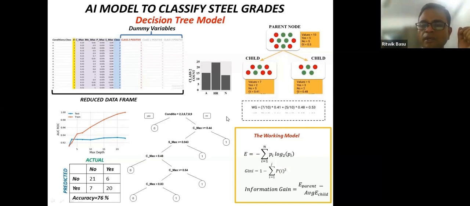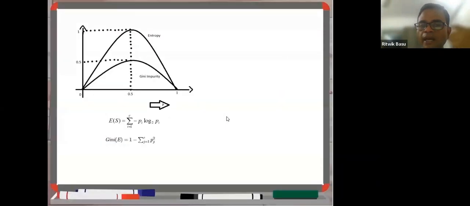So when you are calculating the Gini impurity and the entropy for the same range of probability, the Gini impurity can go to a maximum of 0.5 and the entropy can go to a maximum of 1. So you can see the variation of entropy is much more than the Gini impurity, and that is one reason why it takes more computational time and processing requirement when calculating entropy.